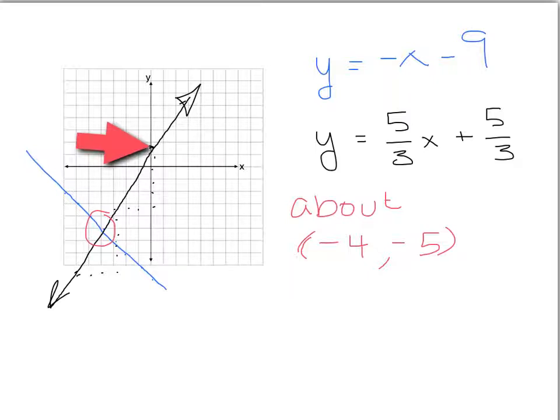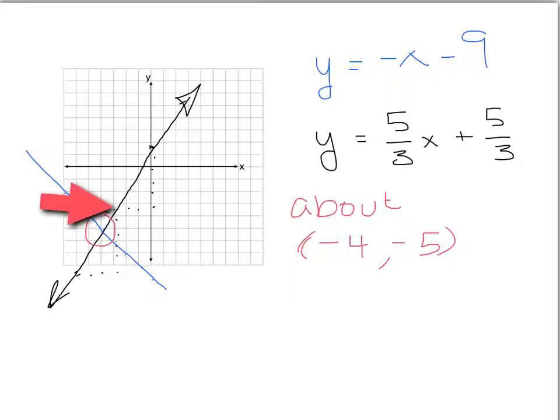From that point, I just keep going down 1, down 2, see how I'm always a little below the line, down 3, down 4, down 5. Then I can go over my 3 spaces. So I'm about there. Maybe a little higher. So that's about starting at 5/3, then down 5 whole steps and over 3 whole steps.